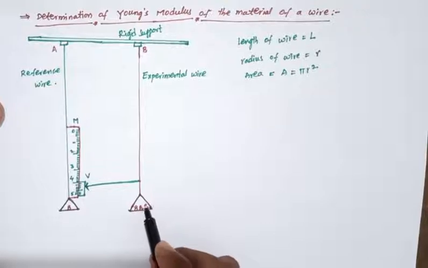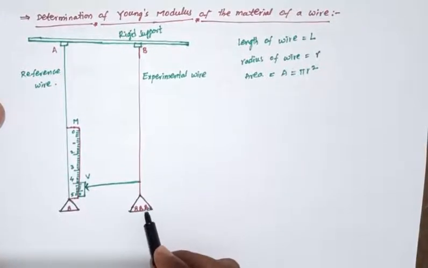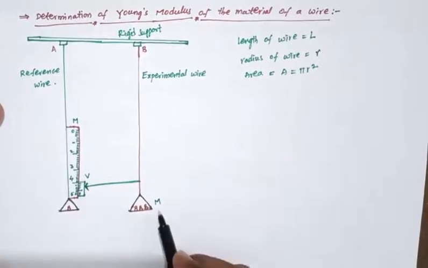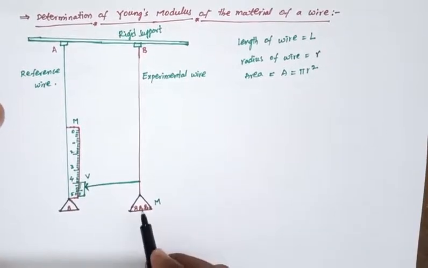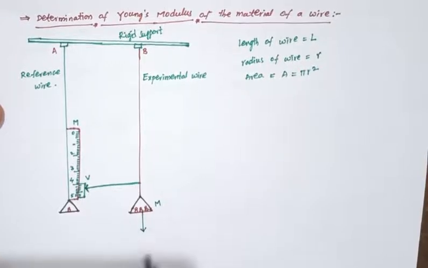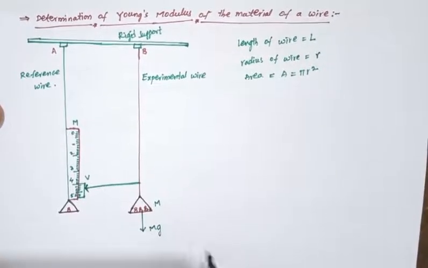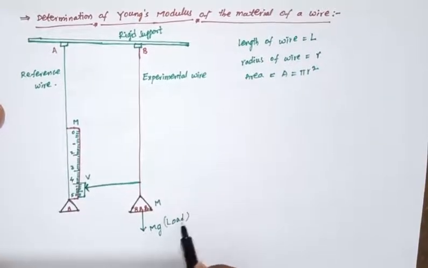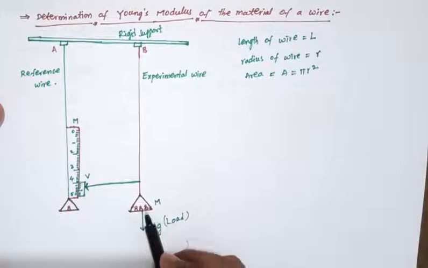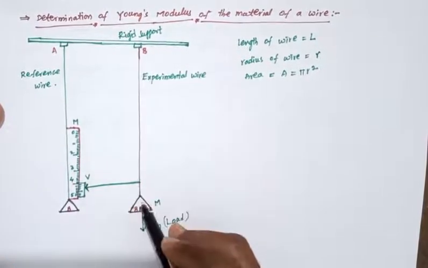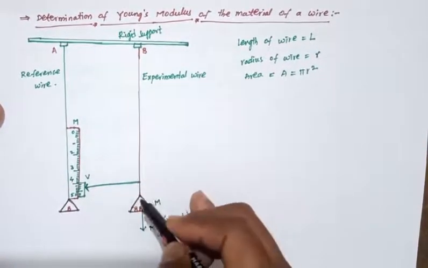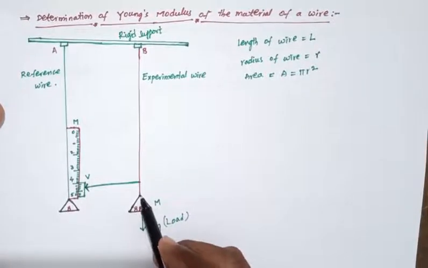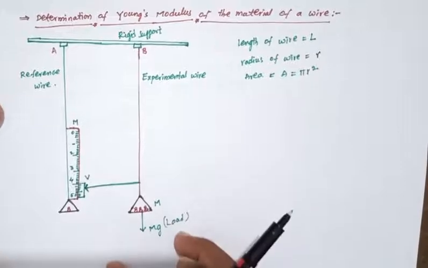Now we are using another 10 grams or 20 grams like that, so the mass is added. The mass is M, so the gravitational force, or load, is M into G. This is the load. When the load is applied, within the elastic limit the wire is stretched.